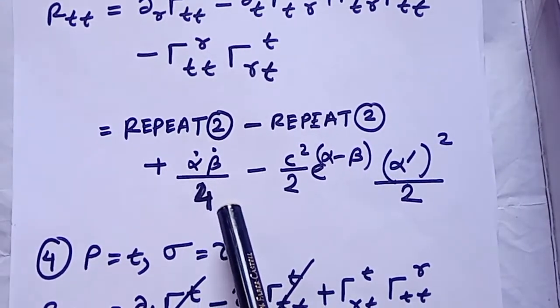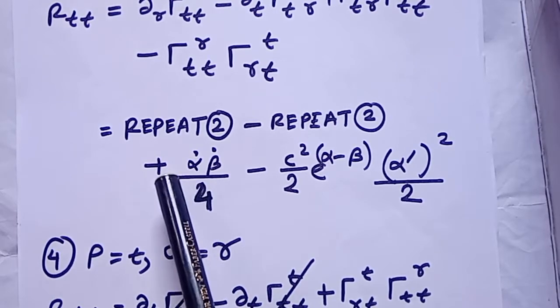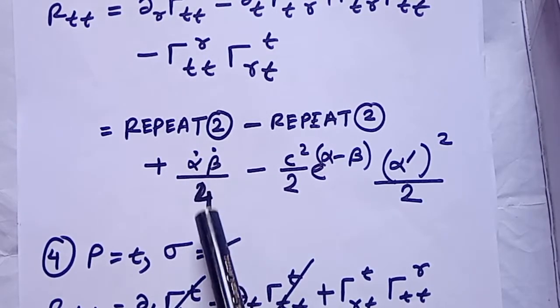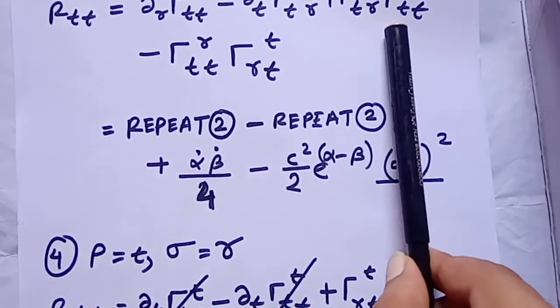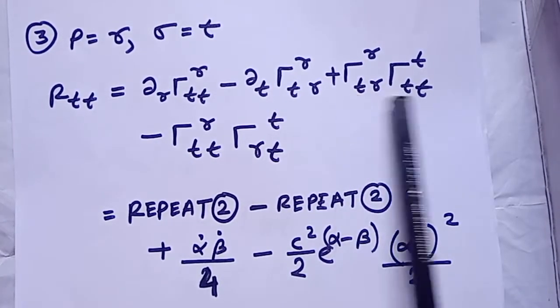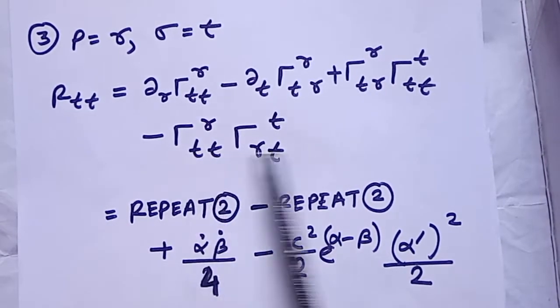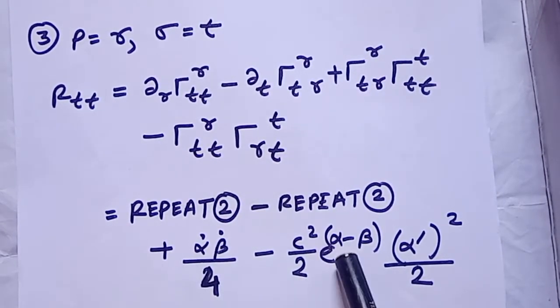We put in the Christoffel symbols and we have plus alpha dot beta dot divided by 4, this term is alpha dot beta dot divided by 4, and this term is c squared divided by 2, e to the power alpha minus beta, alpha prime squared divided by 2.